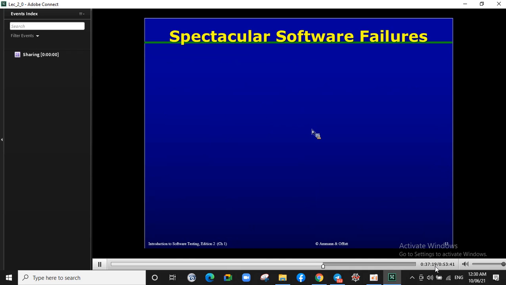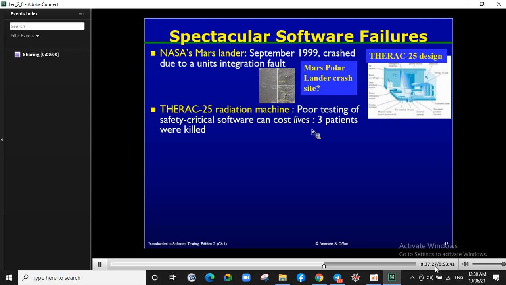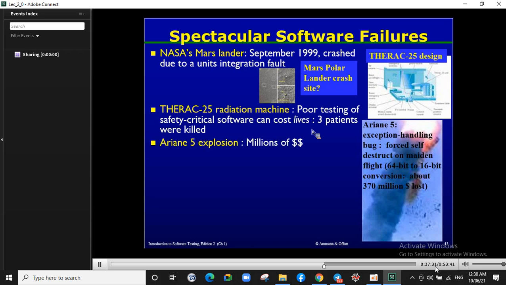And in the next slide, we see some spectacular software failures in recent decades of software products, such as the NASA Mars lander, Therac-25 radiation machines, and the Ariane 5 explosion.